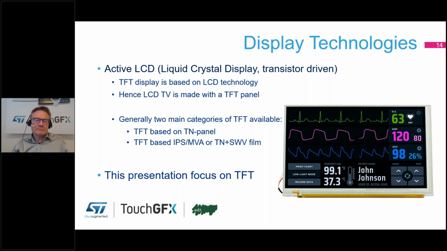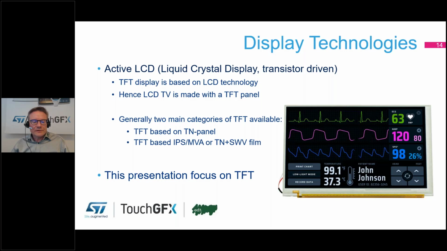And obviously there are other types available, but the most common ones are the TN based, which is a very industrial type, and then there is the IPS MVA type that originates from the consumer market originally, and now gets more and more integrated into the industry field as well.